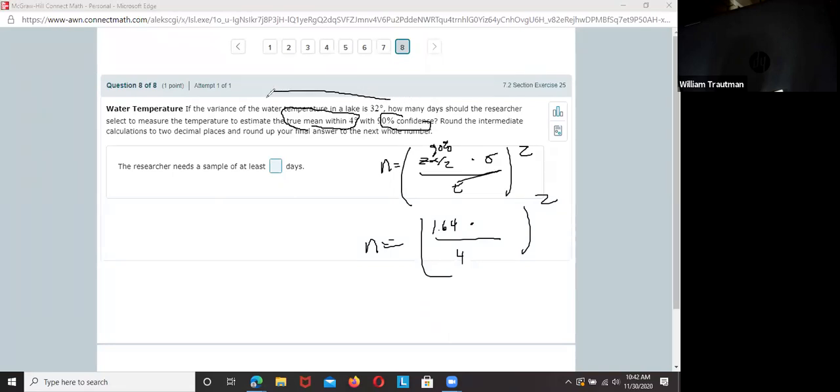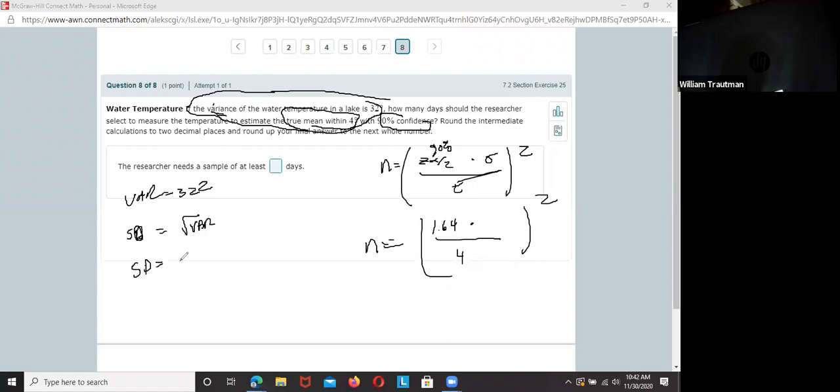The variance, see, it says the variance is 32. The variance is 32, but we want standard deviation. Remember, standard deviation equals the square root of the variance.